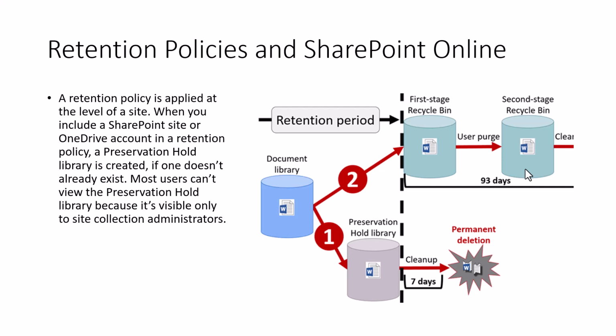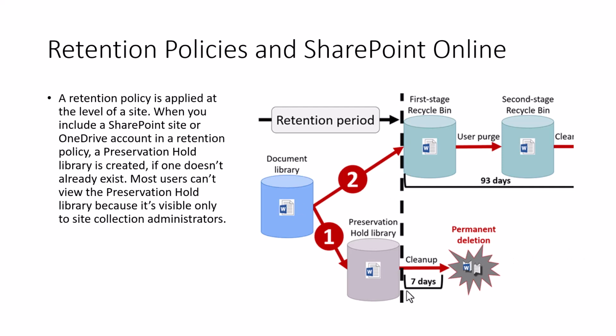When we talk about historical versions, or we're talking about preservation hold, or we're talking about retention policies, this is where items or a copy of the item is held within the preservation hold library. And then we can have an associated retention period to say when the cleanup is. So if we say we want to create a policy that holds any cloud attachments being shared for a period of, say, 3 years, and then we can automatically delete that, then the preservation hold library holds it there.